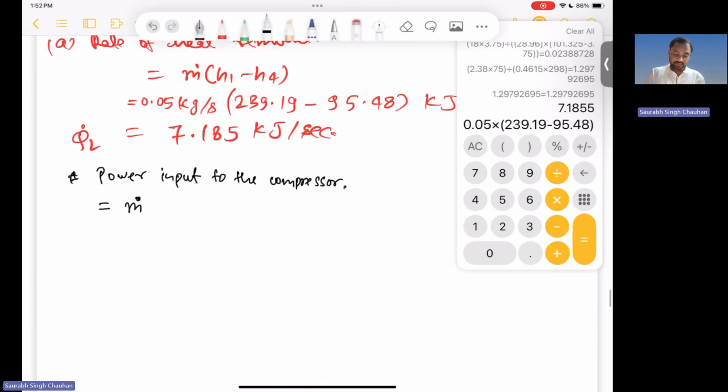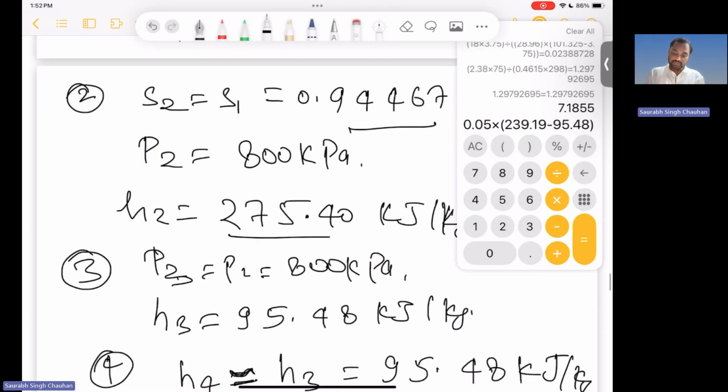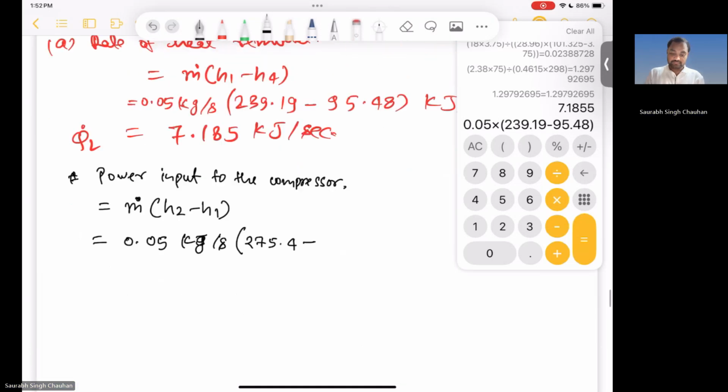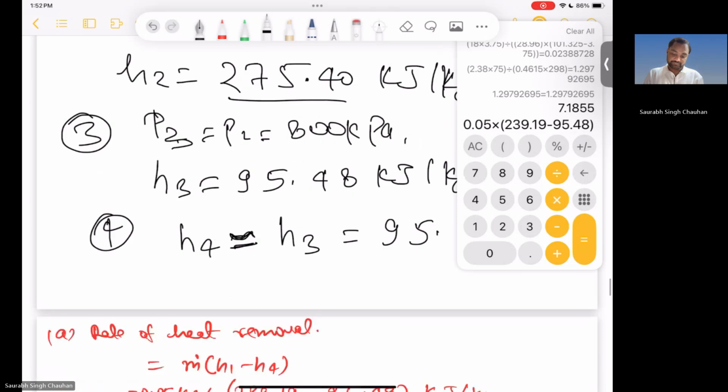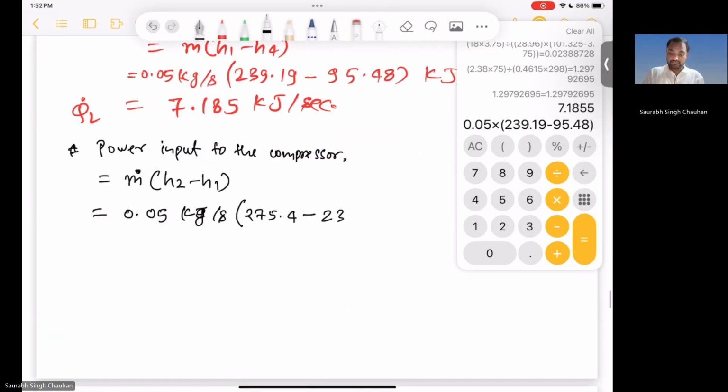So m into h2 minus h1. So m again is 0.05 kilogram per second, and h2 is 275.4 minus h1 is 239.19 kilojoule per kg.